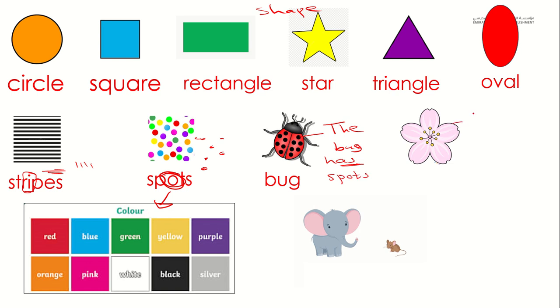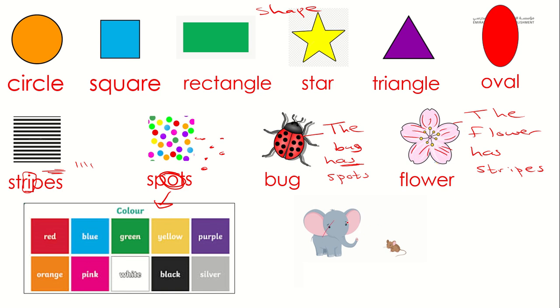And over here we can see the flower. Please learn the spelling. The flower has stripes. I don't know if you can see it very clearly in my picture, but there are some stripes here. Okay, so the flower has stripes, the bug has spots.